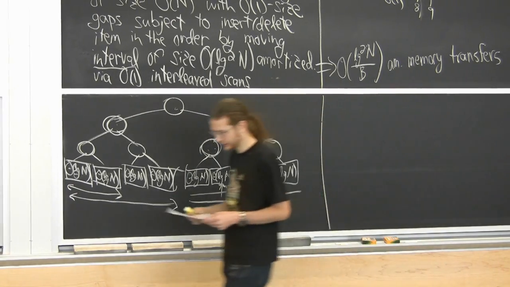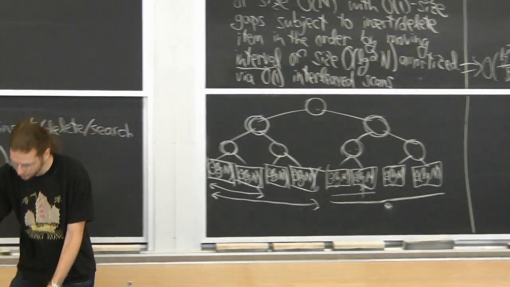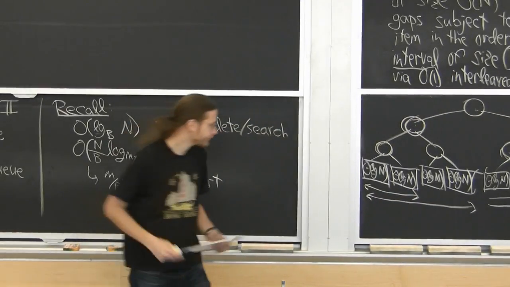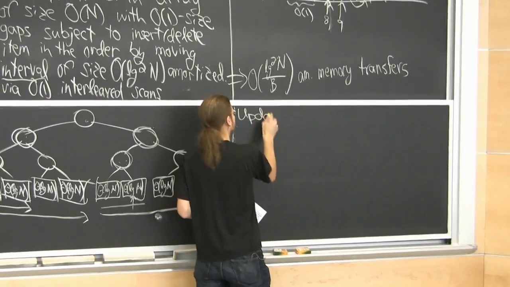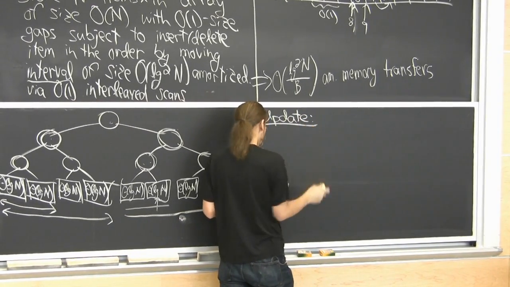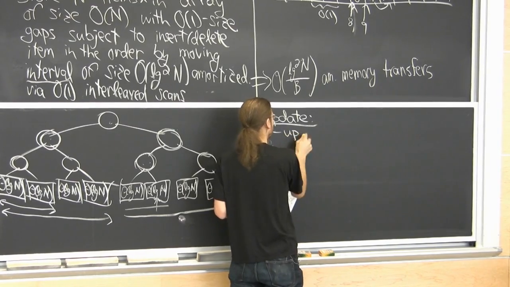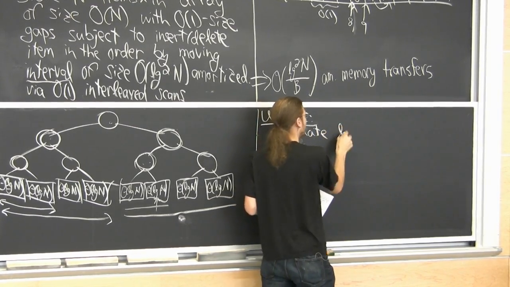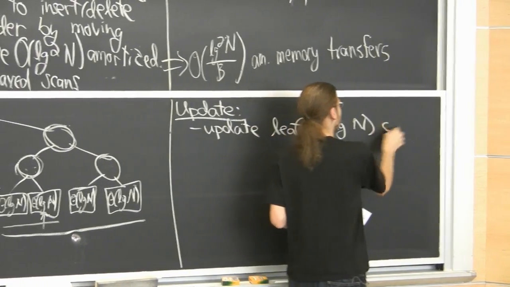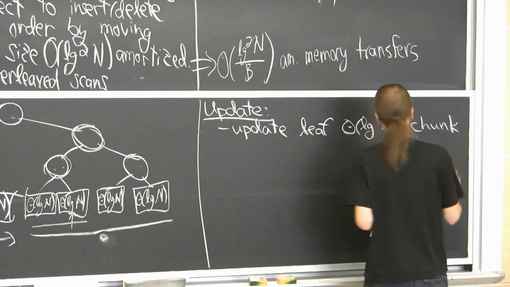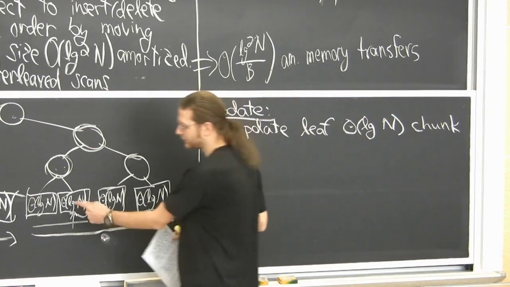Okay, let me write down the algorithm for update. For insert or delete, same algorithm. You update the leaf log n chunk. You can do that just by rewriting the entire chunk.